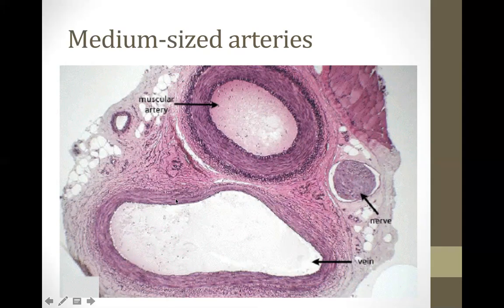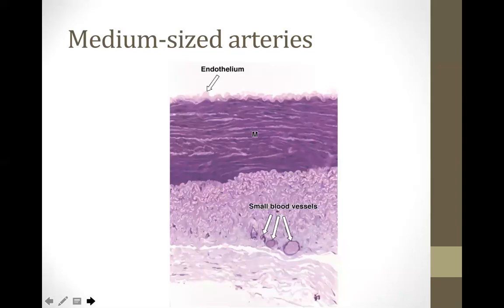Now, look at the tunica media here and the tunica media in the medium-sized artery. Obviously, you have a thicker tunica media in the medium-sized artery, and you have a thicker tunica adventitia on the outside of the medium-sized vein. So, you know that this is an artery just by looking at it, because its tunica media is large.